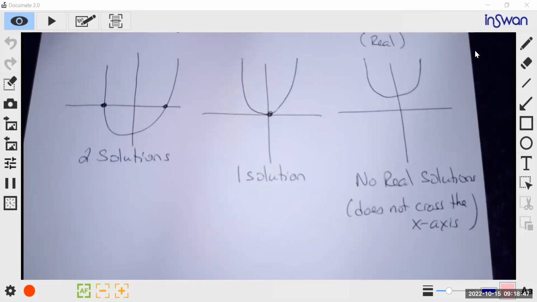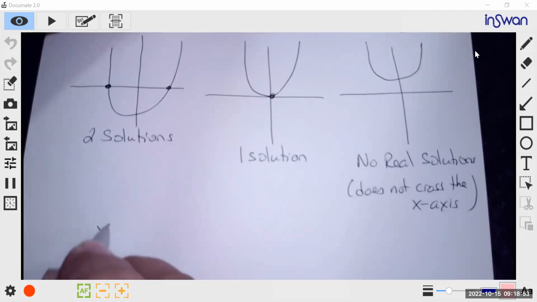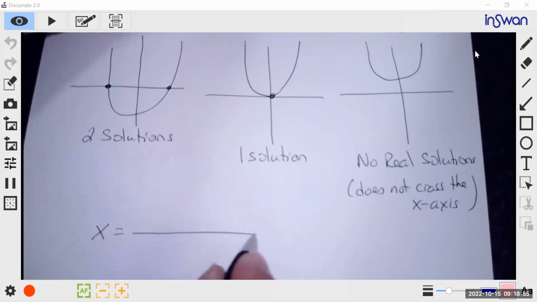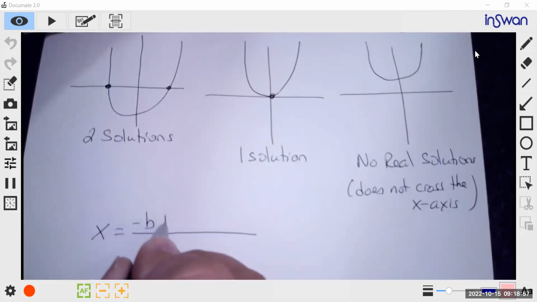Now, how do you know? Remember, to find the solutions, we have to use the quadratic formula.